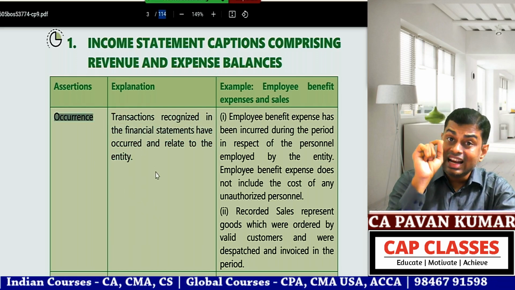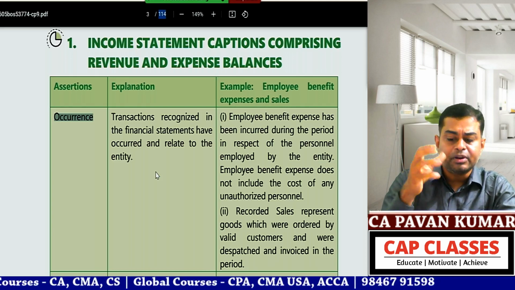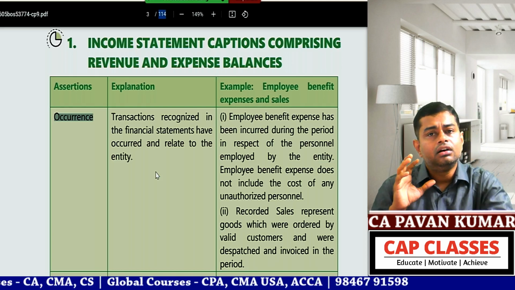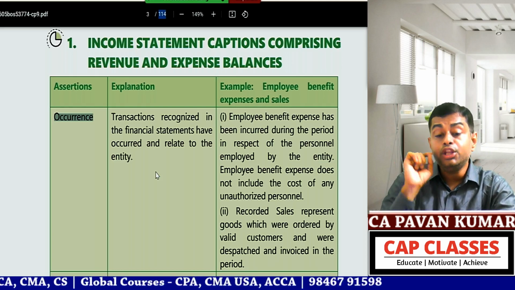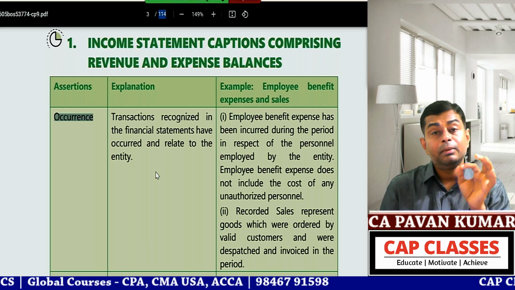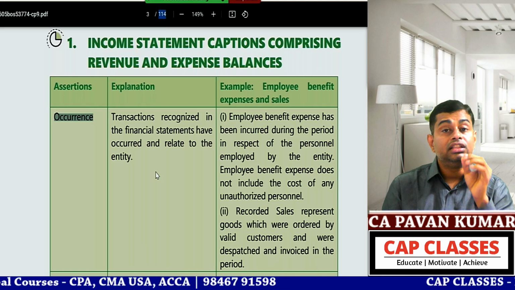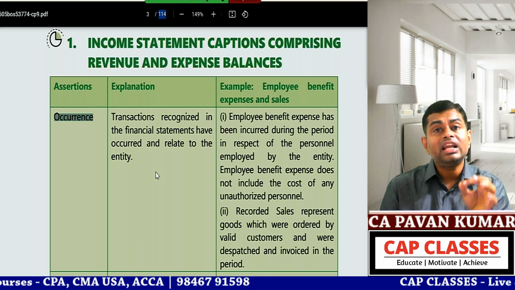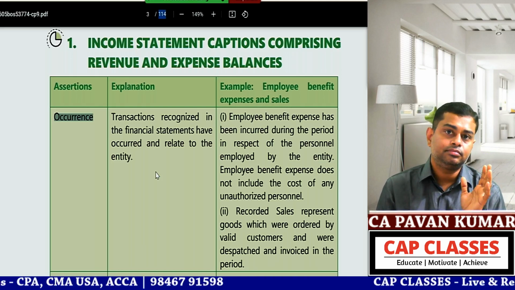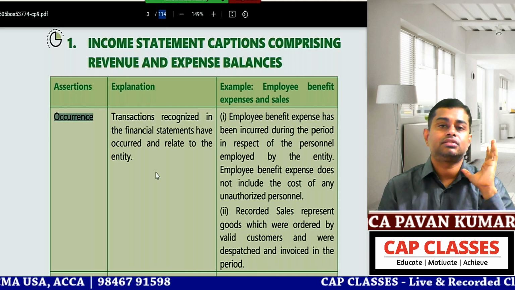And you can write it like this. Whatever it is, whether it is sales or employee benefit cost, you explain it. Then you write: sales items being transactions, the auditor has to apply audit procedures for tests of transactions.